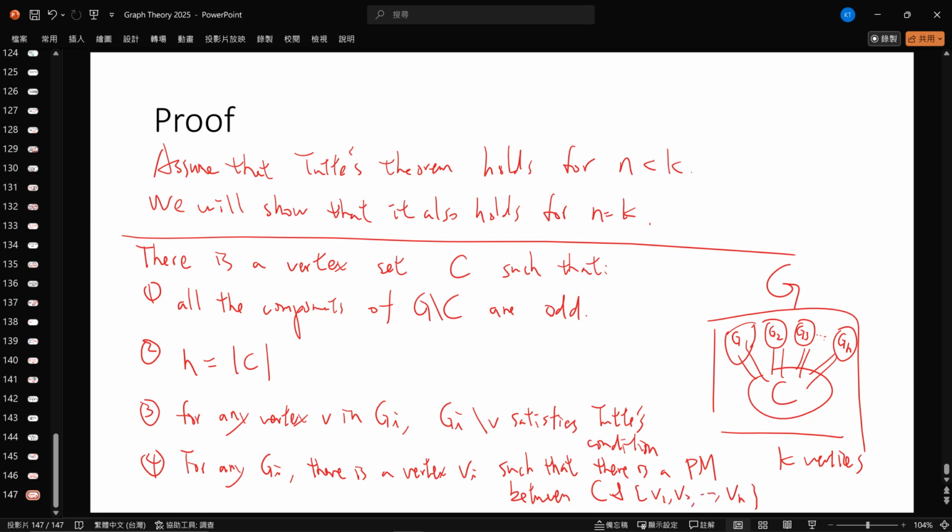So the final property says there's a perfect matching between C and the vertices vi. That's the overview of the proof.